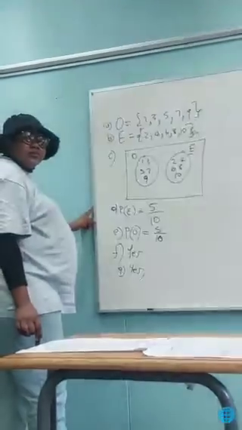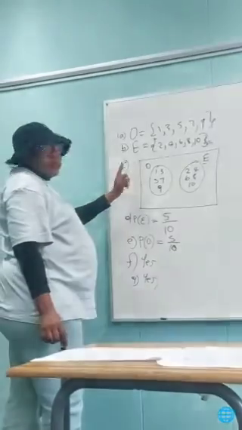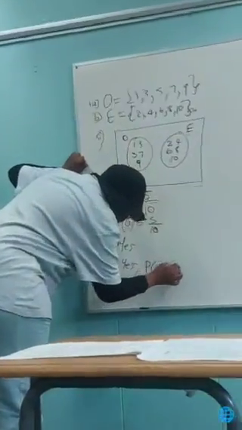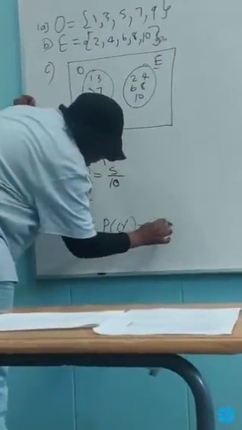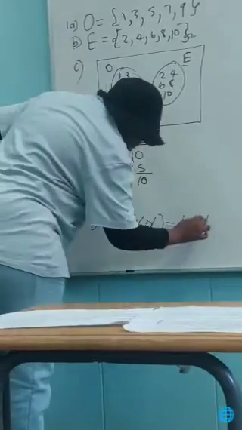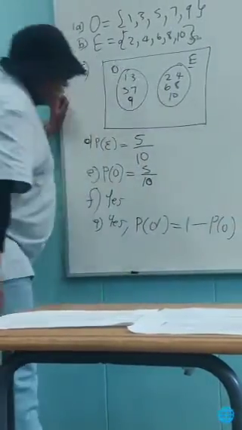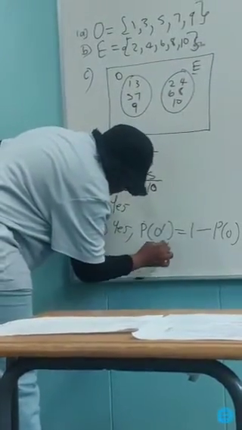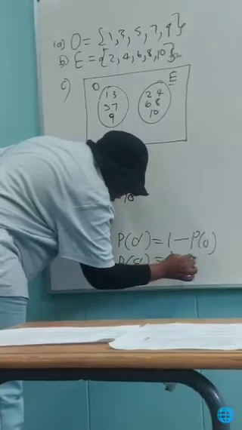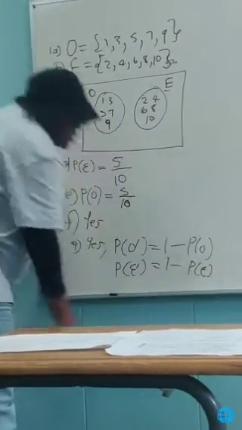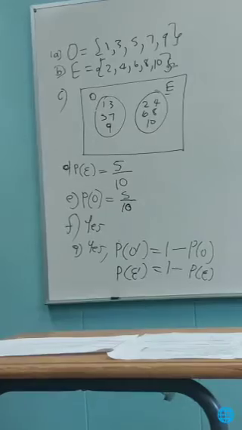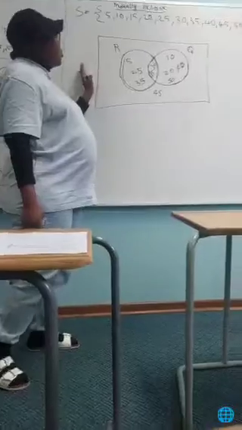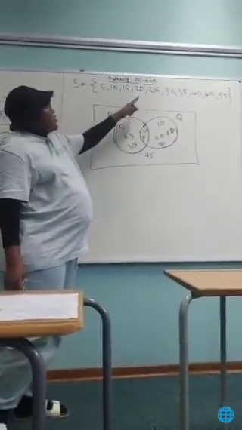Because the probability of not getting O is equal to 1 minus the probability of O. The same applies with event E: the probability of not getting E is 1 minus the probability of E.